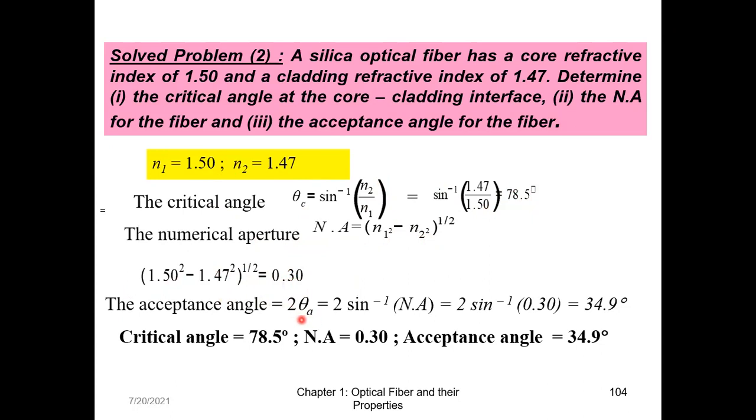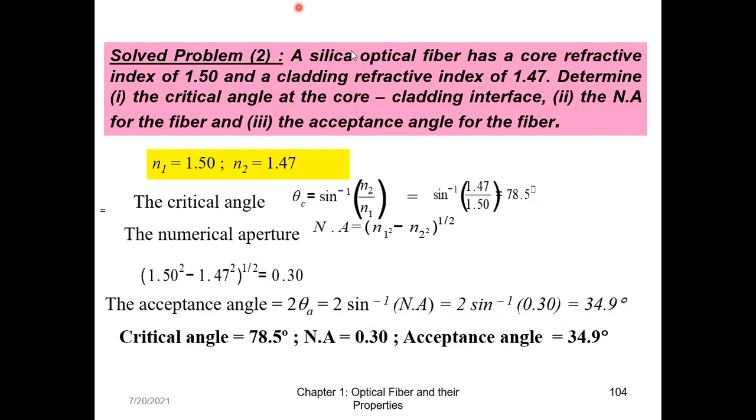Then acceptance angle is 2 times your theta A, where theta A is sine inverse NA. So sine inverse of 0.3 comes out to be 34.9 degree. So your critical angle is 78.5, NA is 0.3, acceptance angle is 34.9. So it's just a 5 marks university question. Okay, so 3 things.